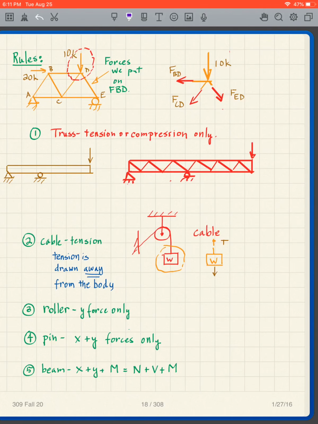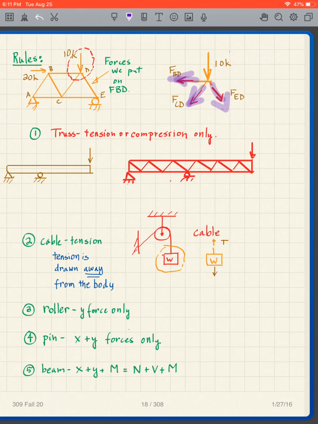So now, the way traditionally that we solve truss problems is that we always show tension. So in other words, we always show the arrows, it's just a convention. We don't have to do it this way, but this is the way everybody does it. We show the arrows going away from the body.